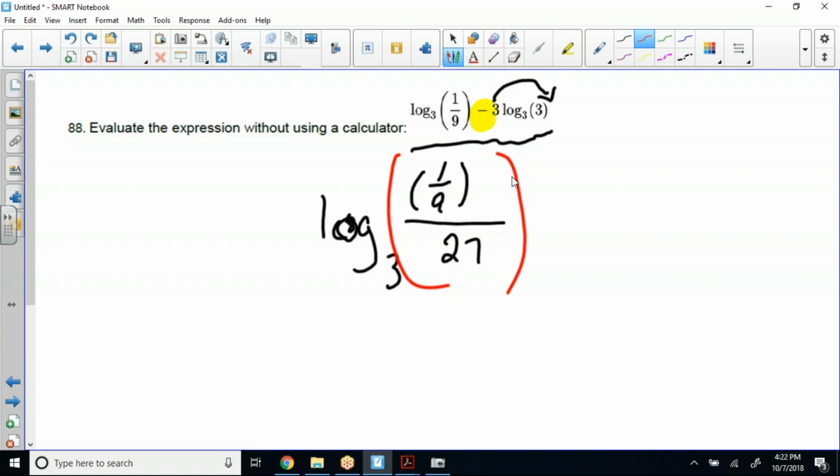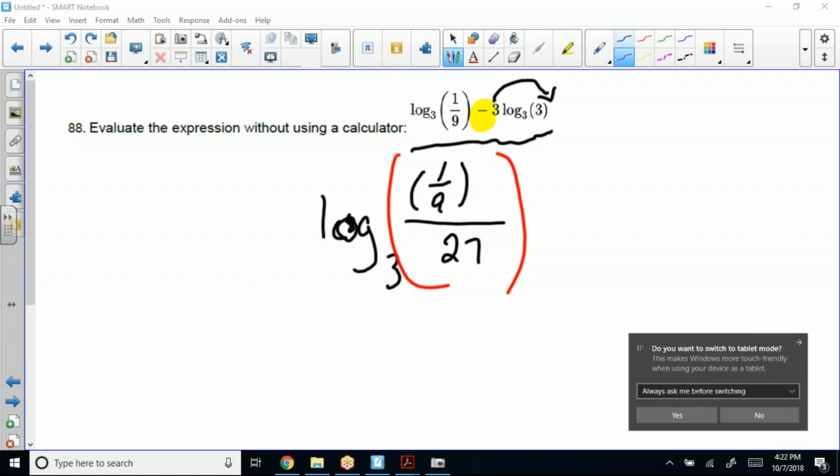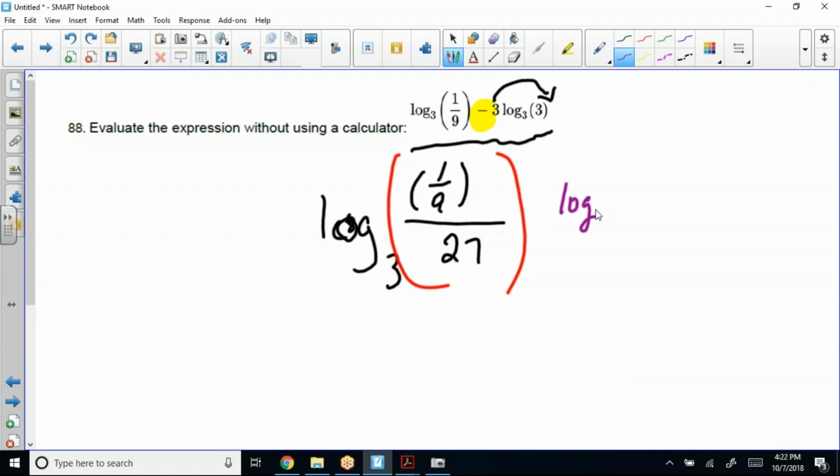You can evaluate this as, if we use the change of base formula, the log of 1/9 over 27, over the log of 3, right? Change of base.